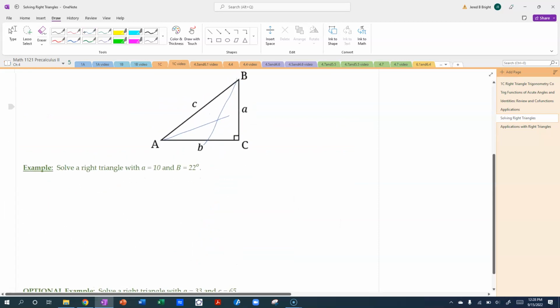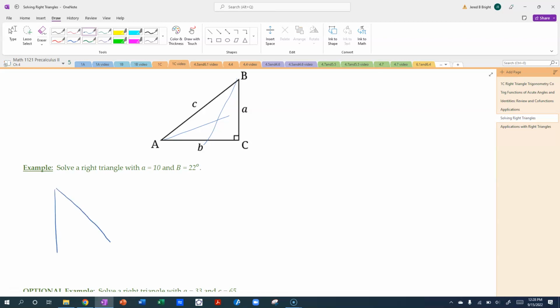All right, so our first example, we're going to work in a right triangle. So, okay, here we go. I draw my right triangles backwards, though, backwards of that diagram, at least. We're going to call that a right angle, C, and then A, B. All right, so we know that side a, so that's opposite of angle A, is 10, and angle B here is 22 degrees.